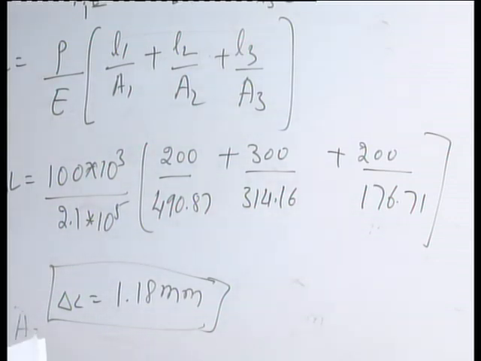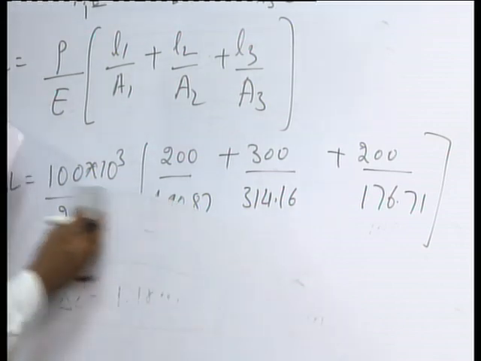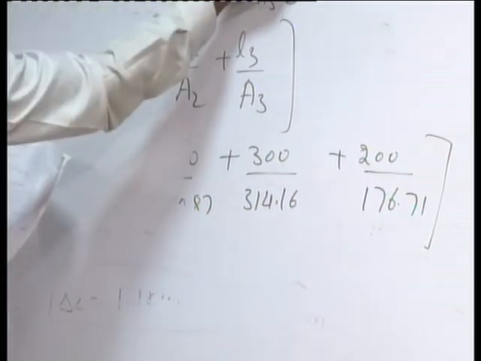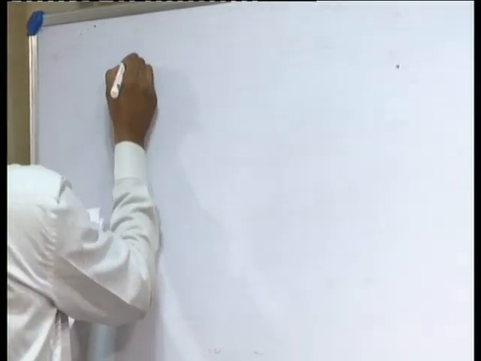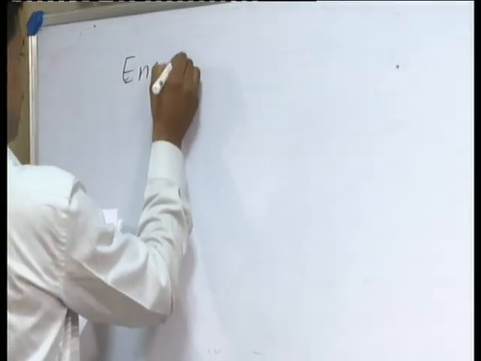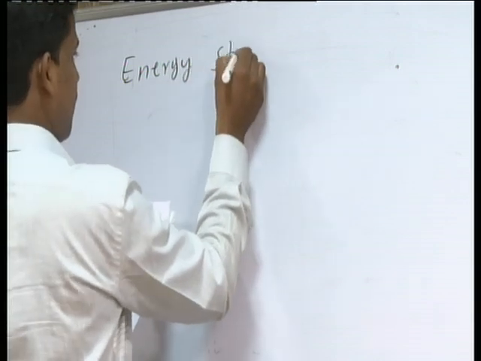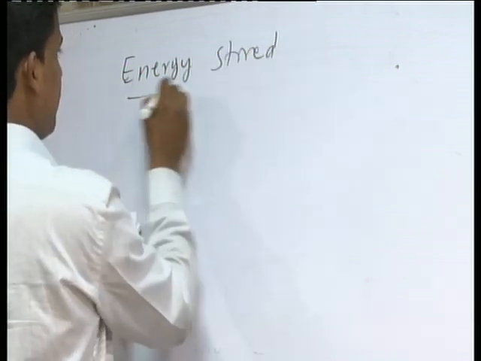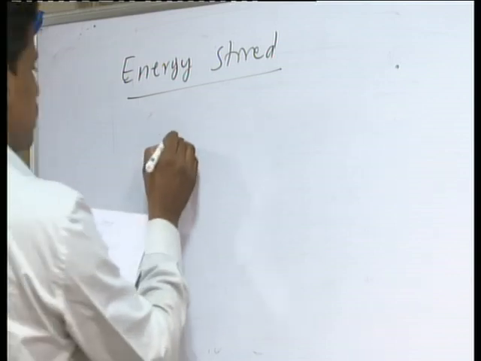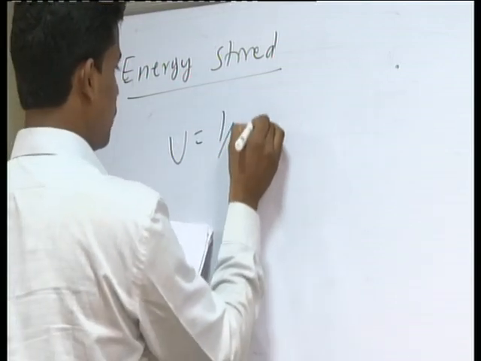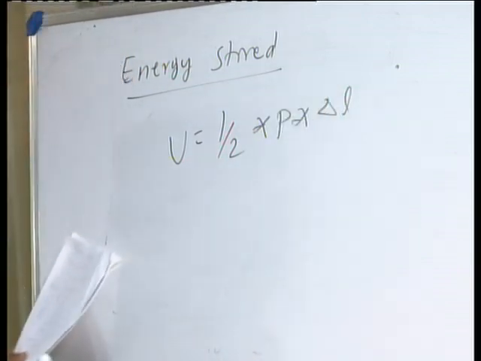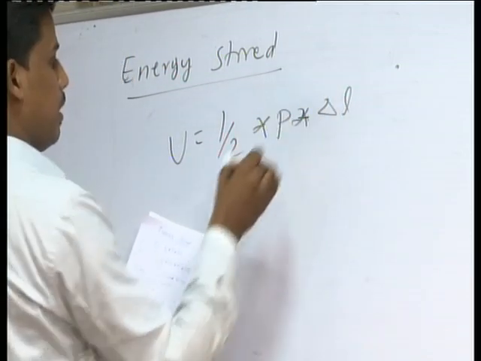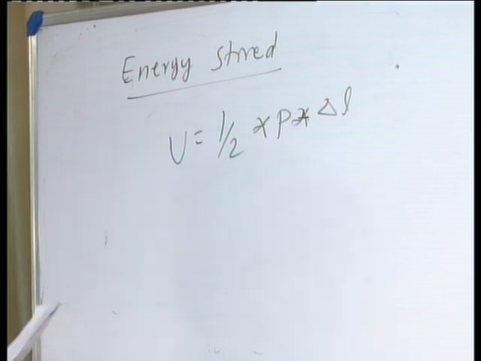The energy stored U is equal to half into P into delta L. This is the strain energy stored.